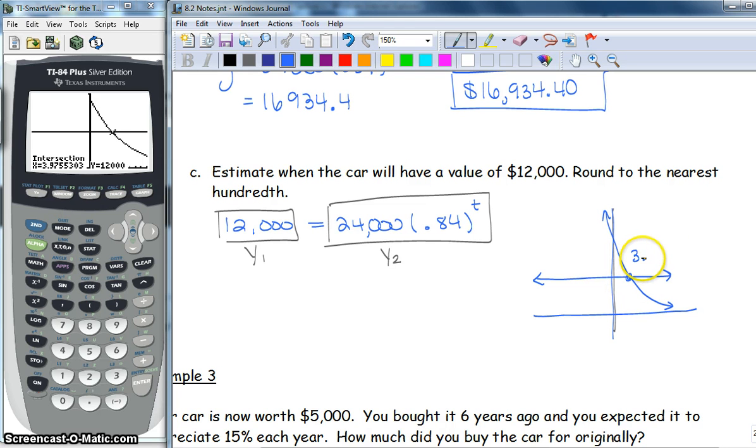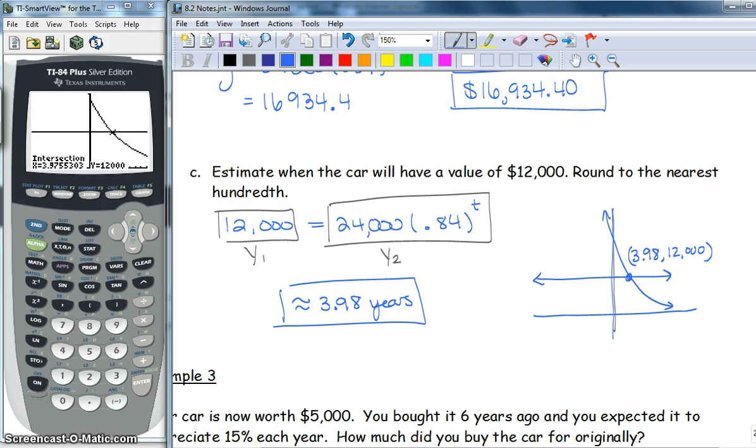So 3.98, comma 12,000, which means it's going to take about 3.98 years. So if you buy a car for 24,000, think about this. In just about 4 years, you've lost half of the value of your car.